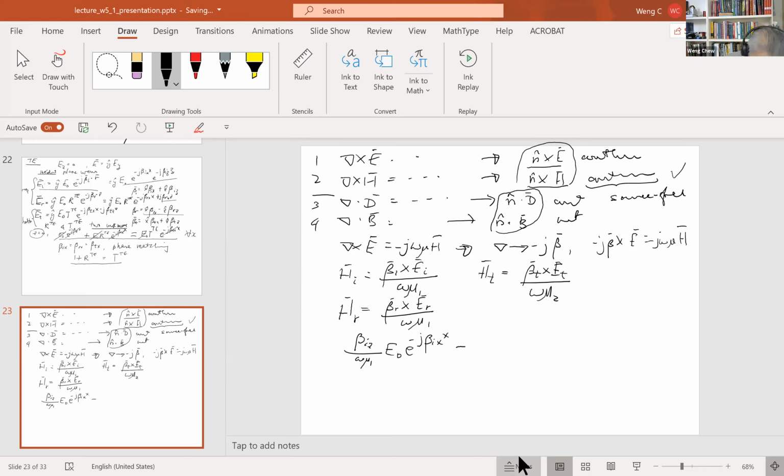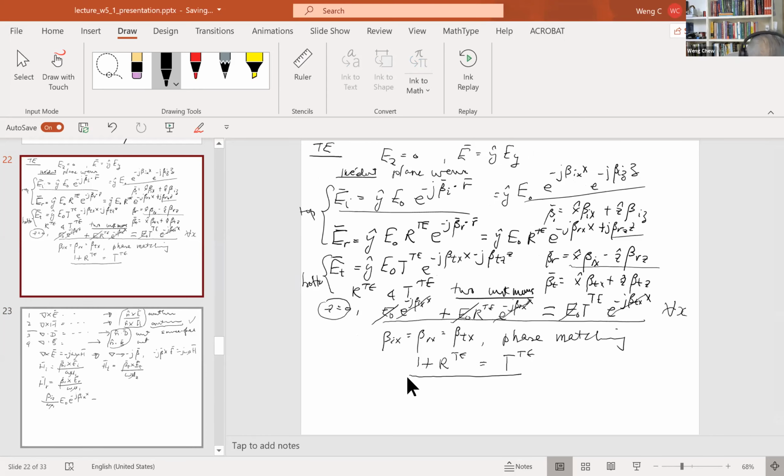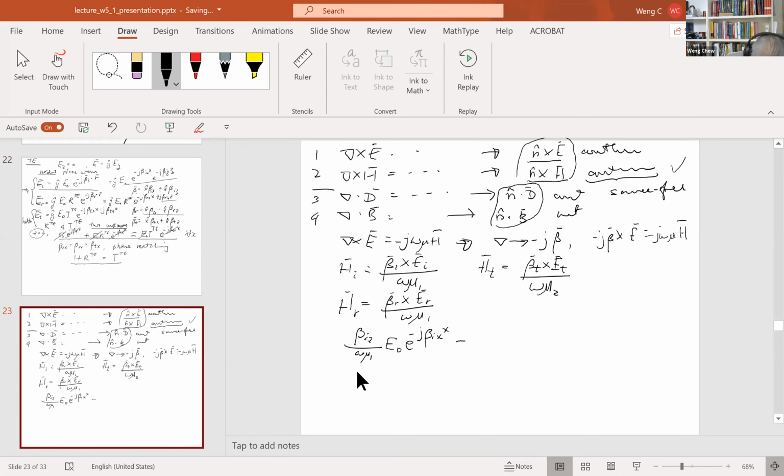And then you also can apply this operation to find the reflected field for this second term, and you'll find that it would be something like this: beta Rz over omega mu2 E naught R_TE e to the minus j beta Rx x.